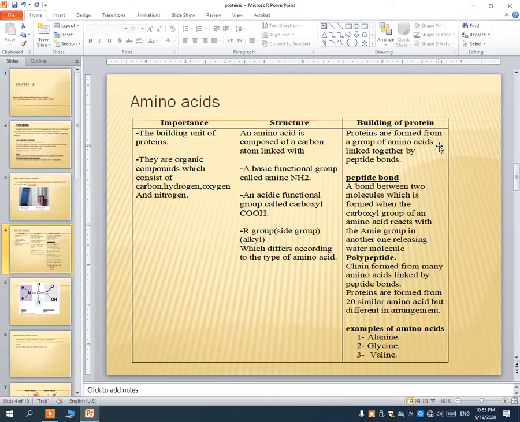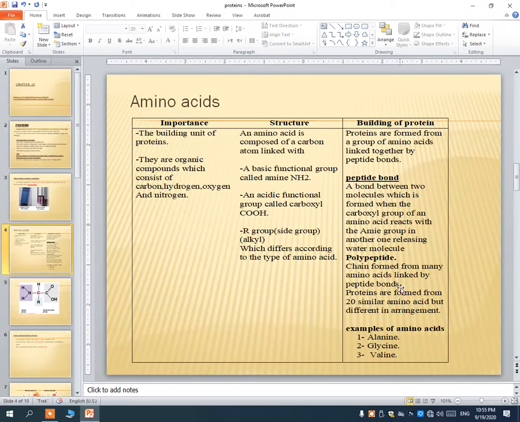If we have more than two amino acids, it is a polypeptide chain formed from many amino acids linked together by peptide bonds. We have 20 different amino acids, but these 20 different amino acids form millions of types of proteins.